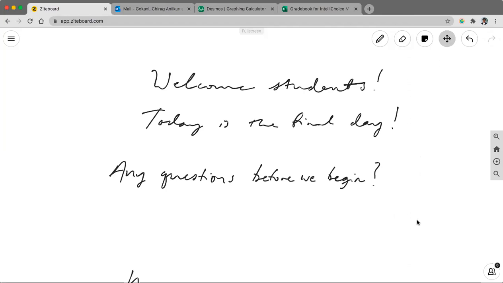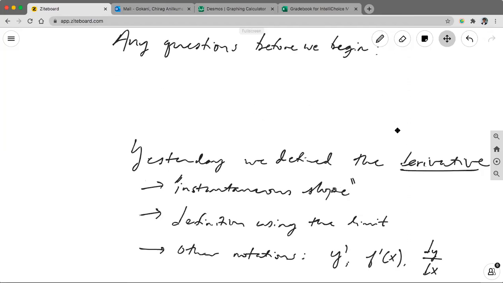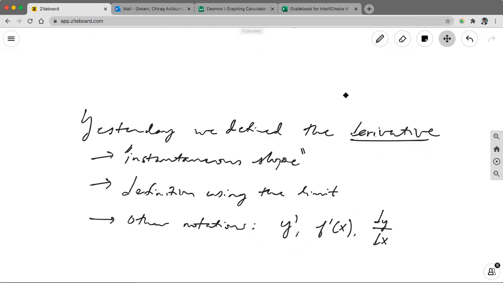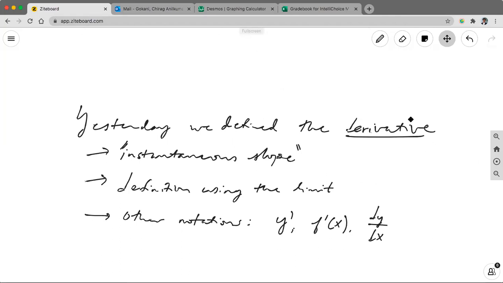So let's jump into it. What were we talking about yesterday? Well, we defined the derivative, and we had several ways of thinking about it. The first way I introduced it was the derivative as the instantaneous slope. The instantaneous slope is the slope at every point in the graph.